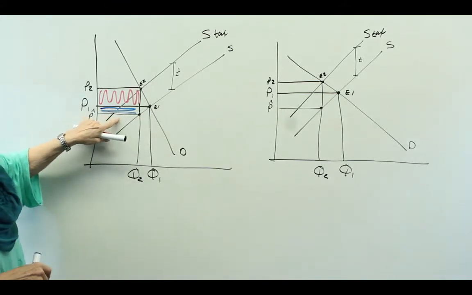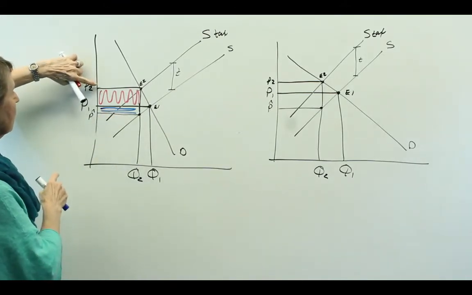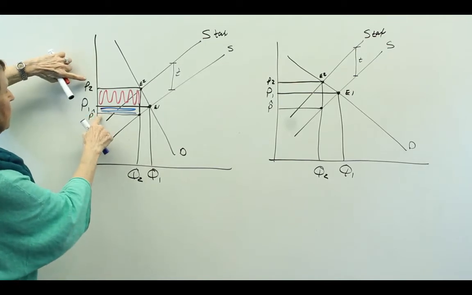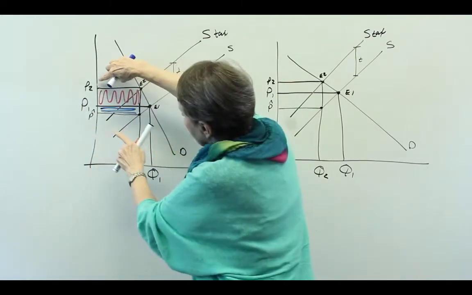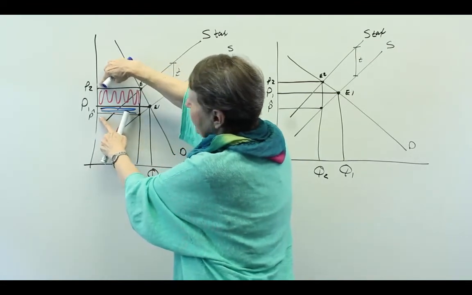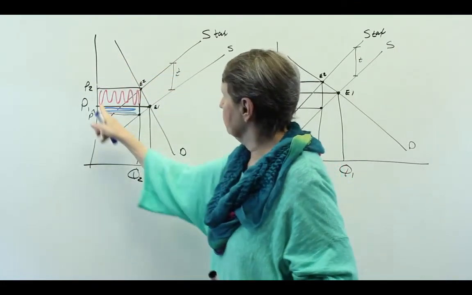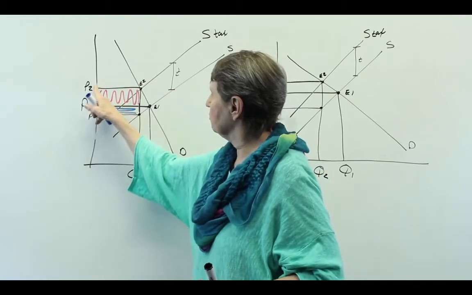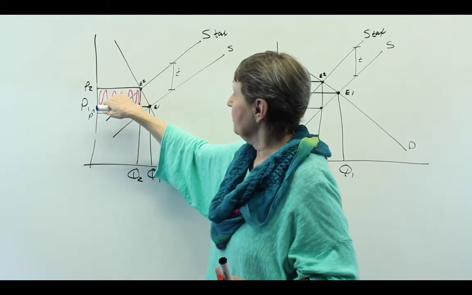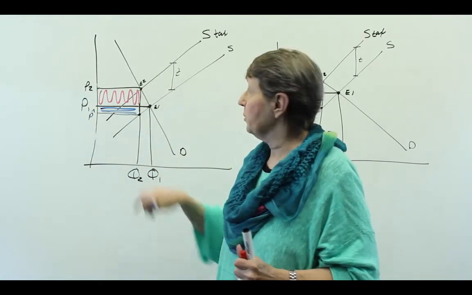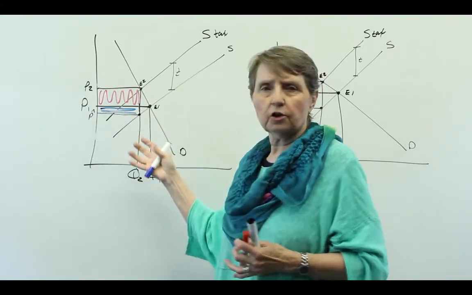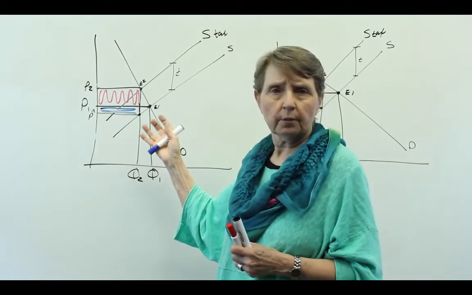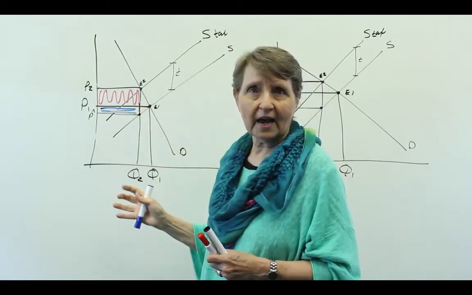This is the producer's share, because the producer is going to collect a price of P2, but he's going to have to turn around and give the government P2 minus P1 on Q2 units. So here's all of the tax revenue that's collected. This much of it was borne by the consumer. This much was borne by the producer. So in this case, the consumer bore the brunt of this tax.